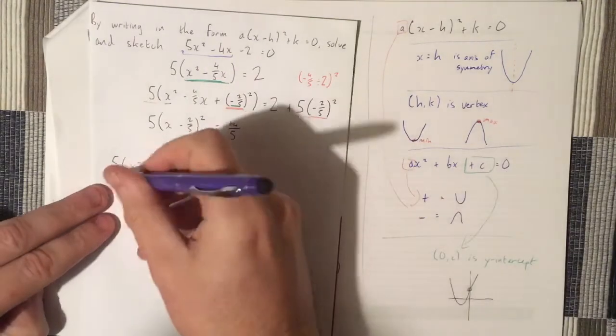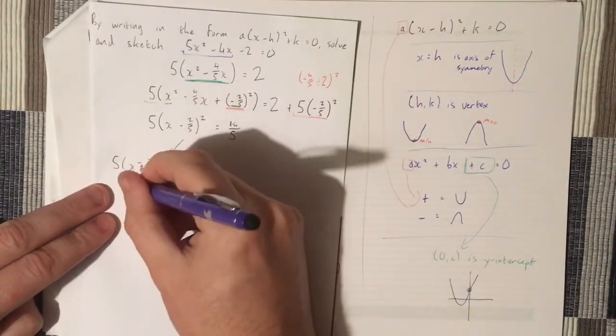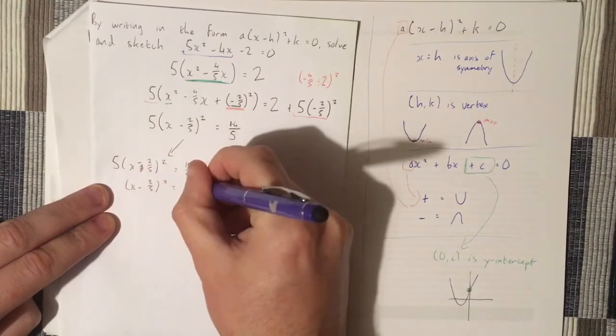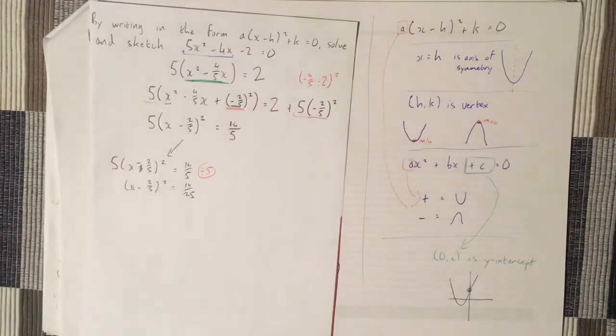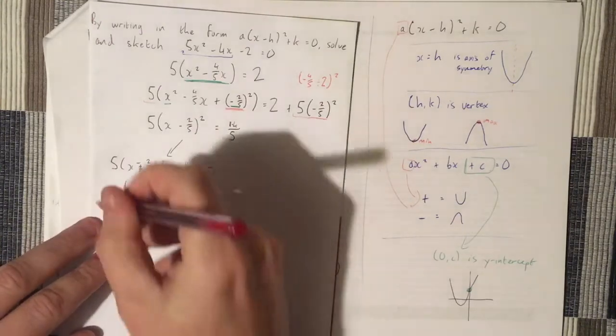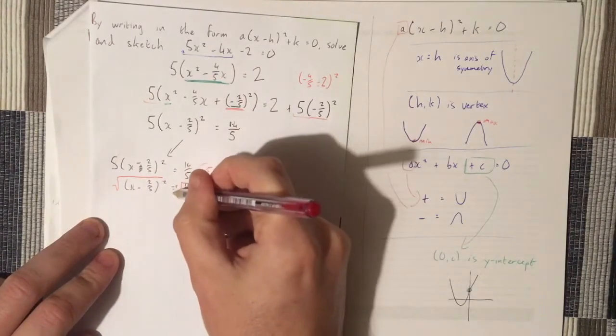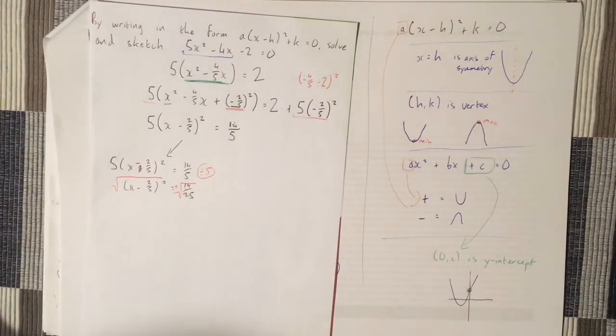So get rid of that 5 now, so I have got x minus 2 over 5 squared is equal to 14 over 25. I want to get rid of that squared, so I'm going to square root the left hand side, get the square root of the other side, and don't forget your plus and your minus case.